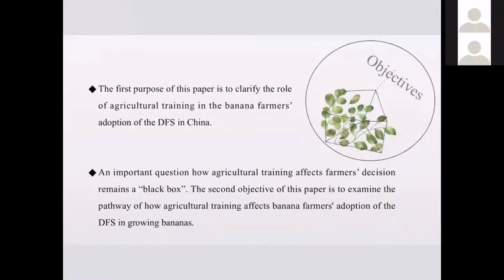According to the above, this paper has two main objectives. The first is to clarify the role of agriculture training in banana farmers' adoption of the DFS. The second is to examine the pathway of how agriculture training affects banana farmers' adoption of the DFS.